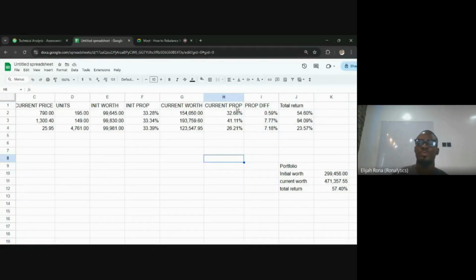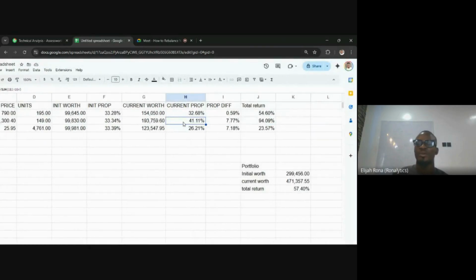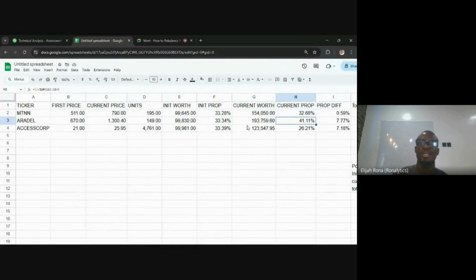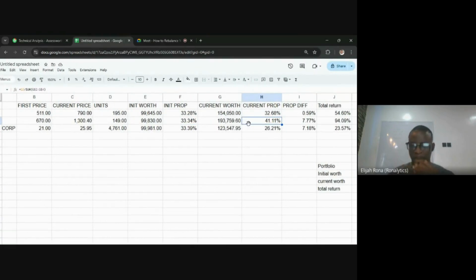So at the current proportion, Aradel here is not up to 43%. Then Access Corporation is not lower than 23%. So we can say that this portfolio is not ripe for rebalancing. Then secondly, it may be close.